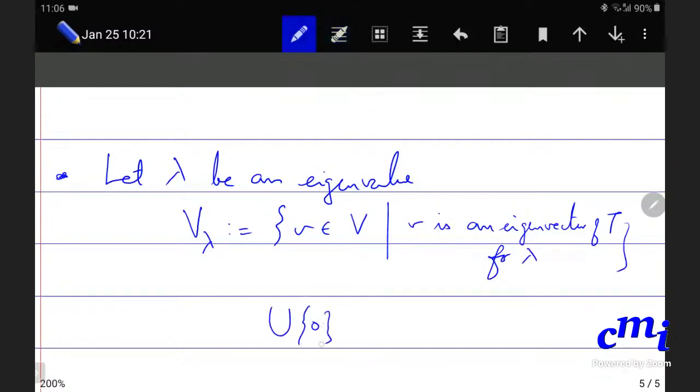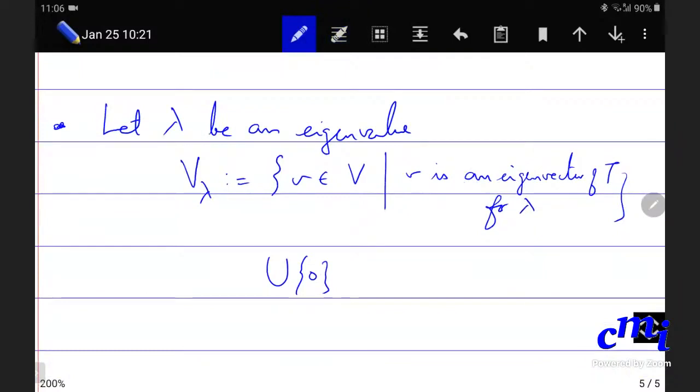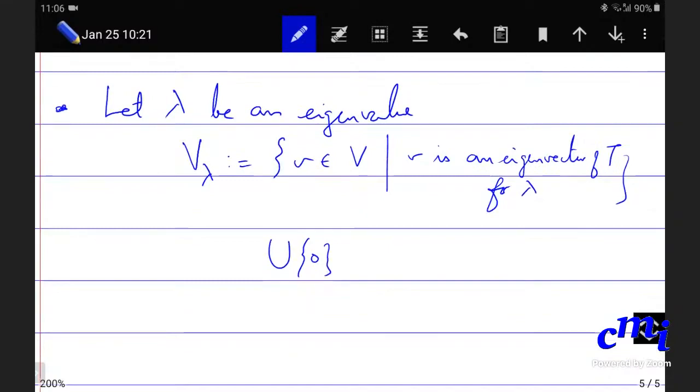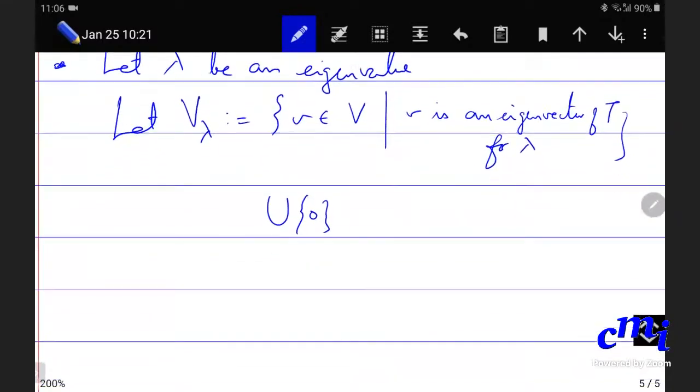By definition, 0 is not considered an eigenvector, so when we consider only eigenvectors, we will not get 0. So take 0 also. So this is going to be a subset of V. This is a subspace.